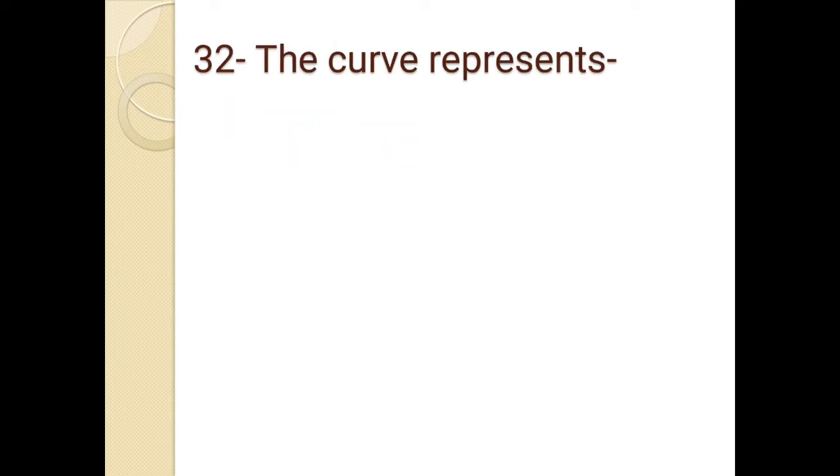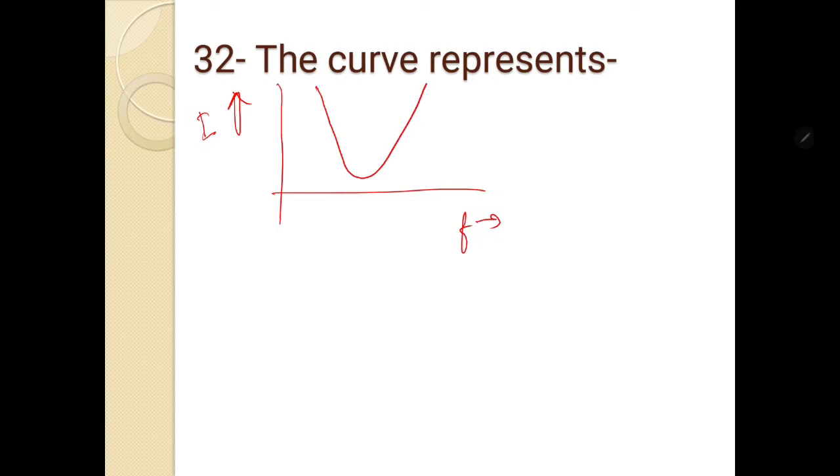Next question was, the curve represents? This question was again asked from basic electrical. The curve given had frequency on the x-axis and current on the y-axis. Here F is the resonance frequency, and this side was showing the capacitive nature and this side the inductive nature.